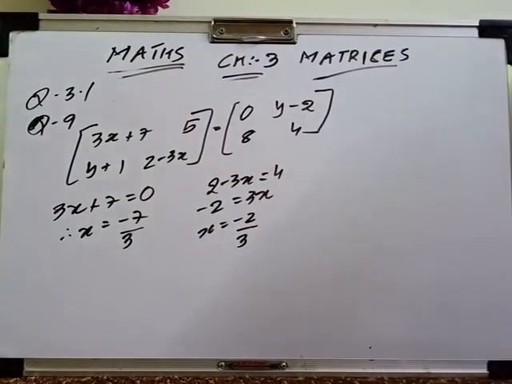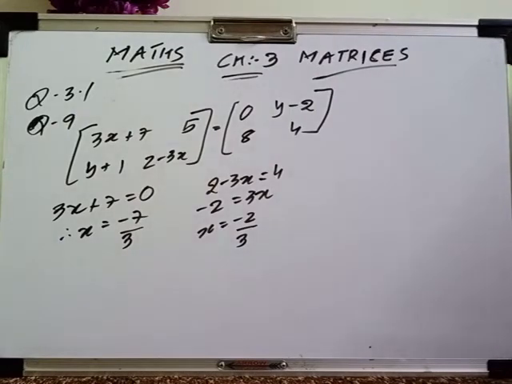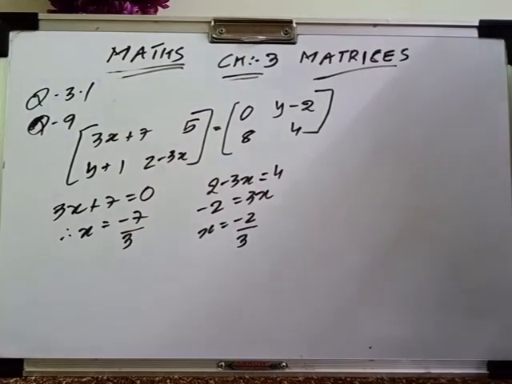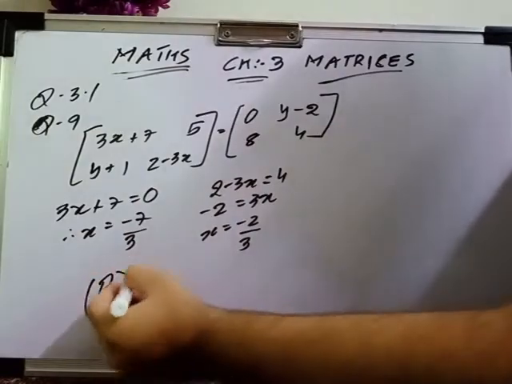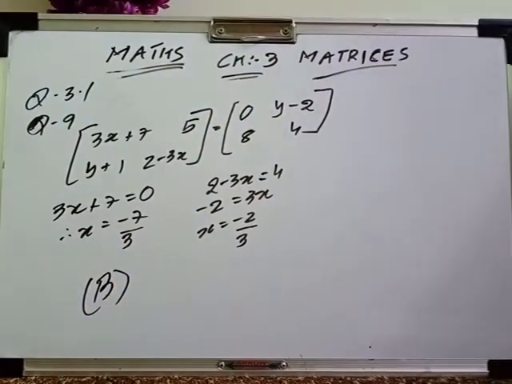As you are having two values of x, and these two values are different, you are not getting the same value. One comparison is giving minus 7 by 3, whereas another comparison is giving you minus 2 by 3, right? That's why we will choose B as the correct option, not possible to find.